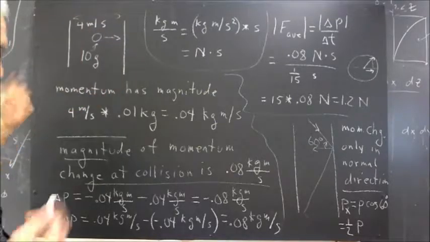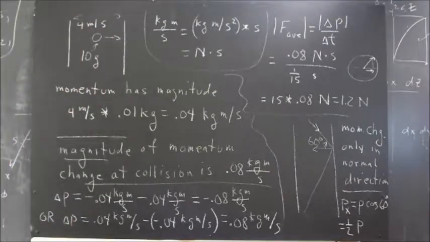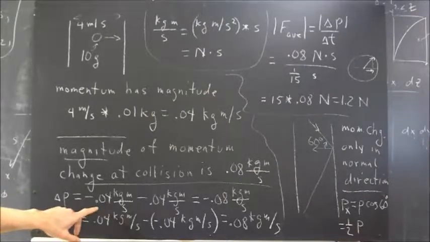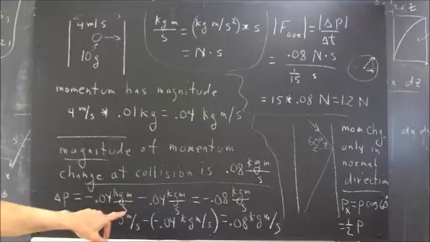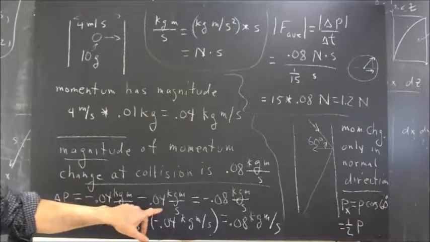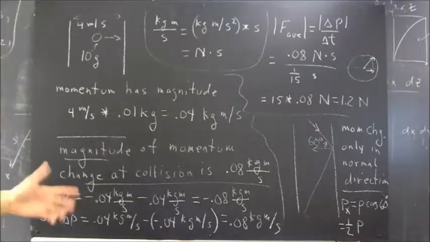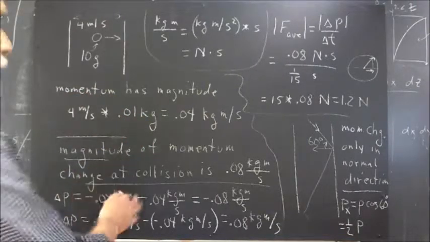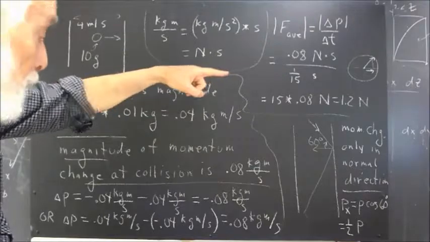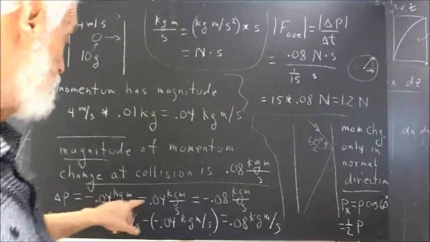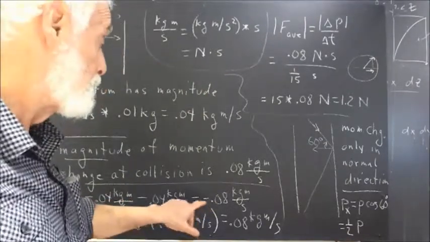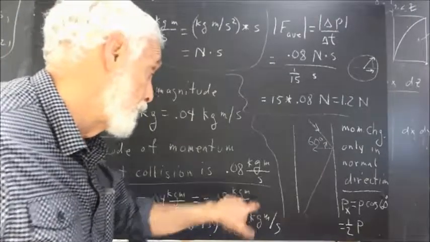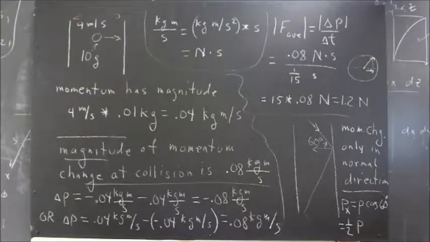Okay? Now, the change in momentum is then negative 0.04 kilogram meter per second minus 0.04 kilogram meter per second. That's the final momentum, negative 0.04, minus the initial momentum, which is positive 0.04. So we get a negative minus a positive, gives us a negative, negative 0.08 kilogram meter per second.